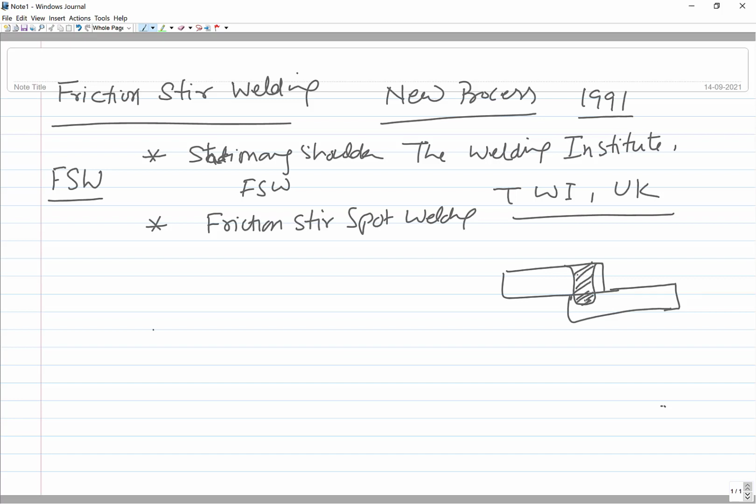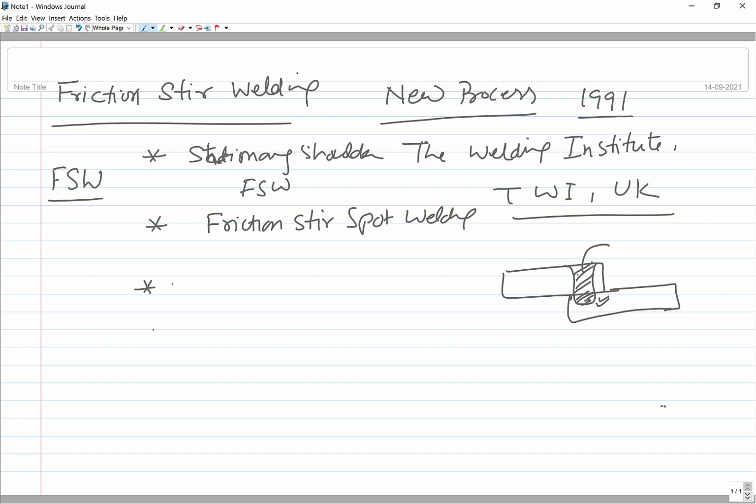So the top sheet is deformed and the nugget is formed, and the bottom sheet is subjected to partial penetration deformation, so the bottom sheet participates in joining, but the extent of participation is limited. So there are again multiple variants in friction stir spot welding as well.